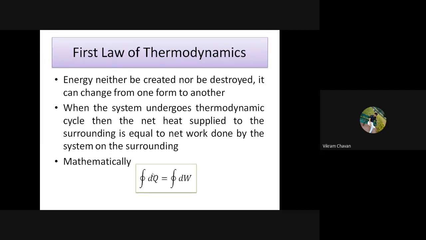Okay, so that will be the generalized statement of thermodynamics.